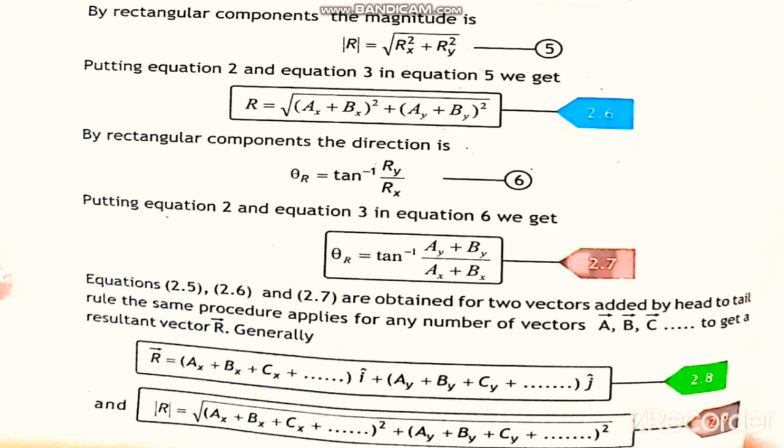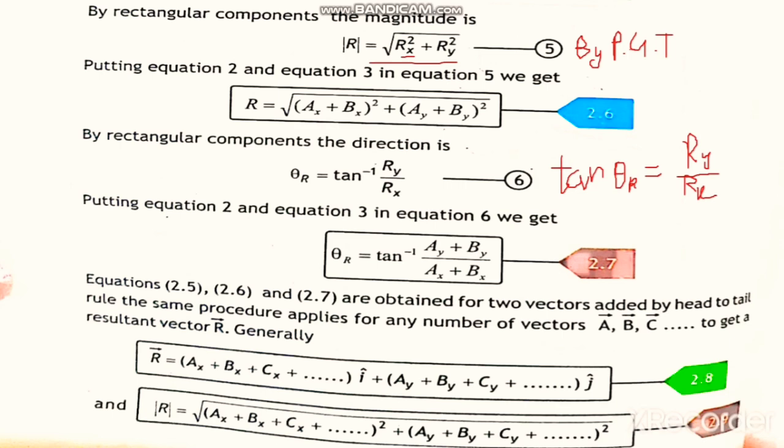The magnitude of the resultant vector R is found by using the Pythagoras theorem. So R squared will be equal to Rx squared plus Ry squared, and then taking the square root on both sides, R will be equal to the square root of Rx squared plus Ry squared. We can use the values of Rx and Ry.